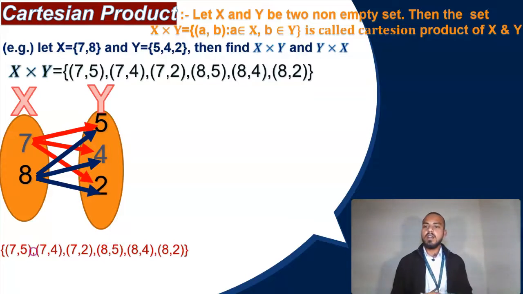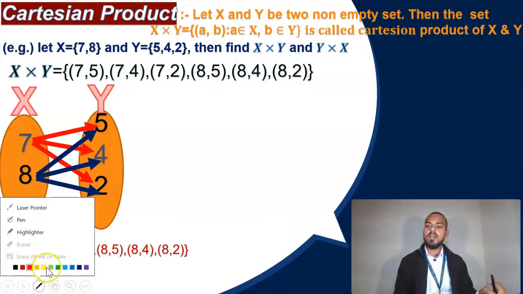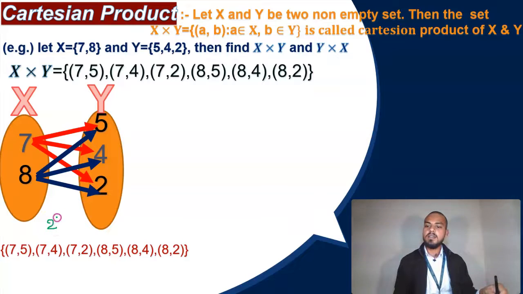Now let's move on to another important concept, that is the total number of subsets. For finding the total number of subsets, you can simply use this formula, that is 2 to the power n, where n is the total number of elements present in any non-empty set, or n is the number of ordered pairs. In this case, suppose we want to find the total number of subsets for this Cartesian product.